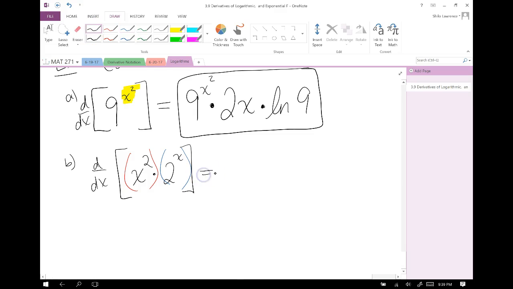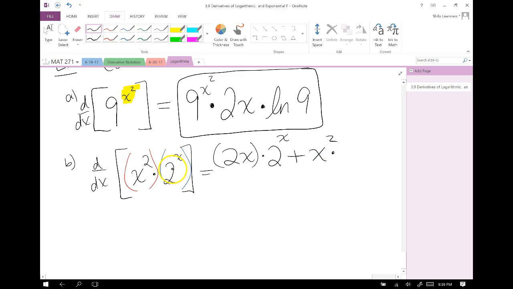So we start with the derivative of the first function, and the derivative for x squared is 2x. And we multiply that by the original of the second function, which is 2 to the x. Product rule has a plus, and then we flip-flop the original of the first function, and then we need the derivative of the second function.